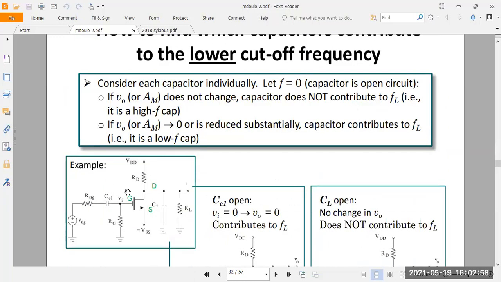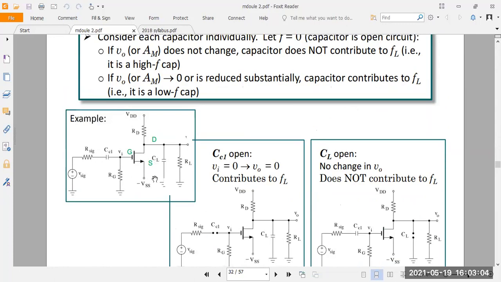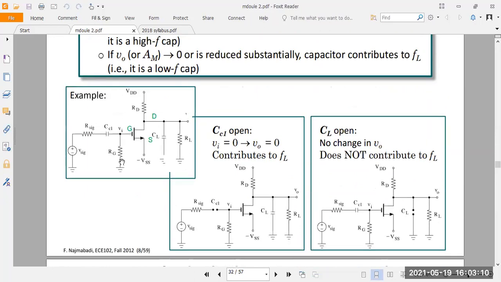Okay, this is the circuit diagram. Total how many capacitors are there here? There are 2 capacitors for this diagram. For the low frequency response, all capacitance acts as an open circuit. First, CC1 is taken as an open circuit. When there is an open circuit, when the input voltage is 0, the output voltage is 0. Understood? Suppose there is one more capacitance, the load capacitance.